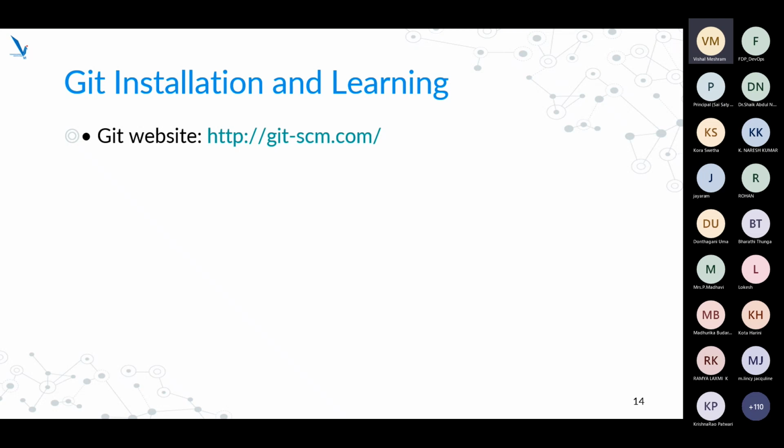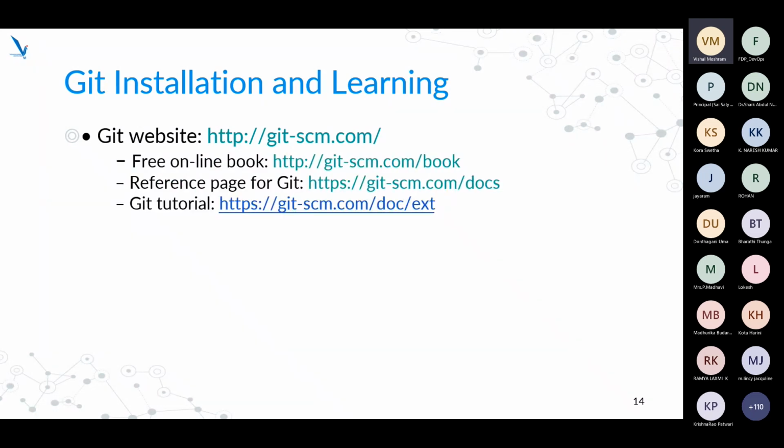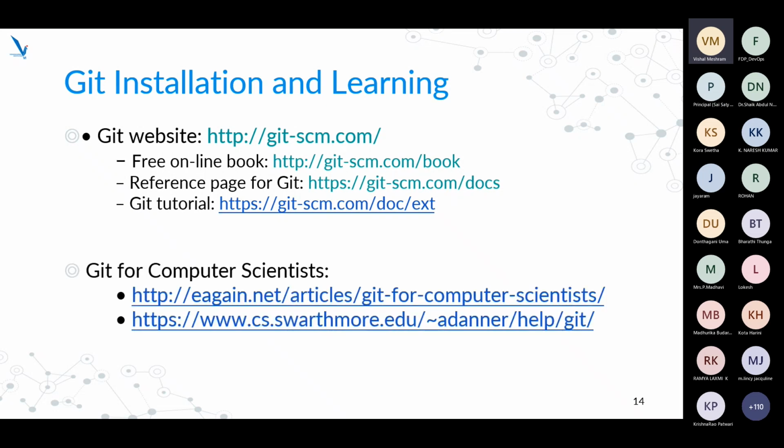This is the Git official website, git-scm.com. On Git SCM you will also find a very good free online book about Git. These are the reference pages, and the documentation is very good. Git for computer scientists is another link from which you can learn.